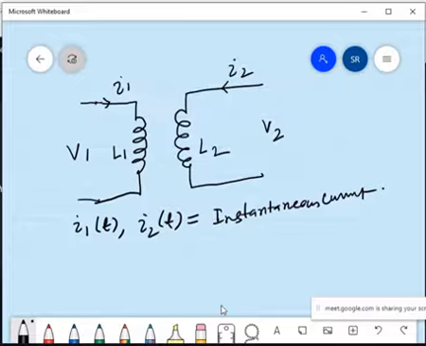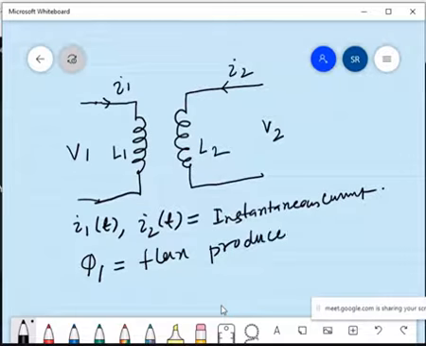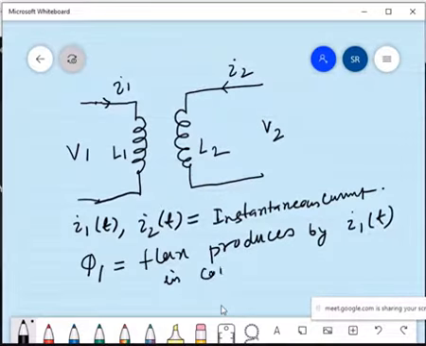The current I1(t) in coil 1 produces flux Phi1. So Phi1 is equal to the flux produced by I1(t) in coil 1.